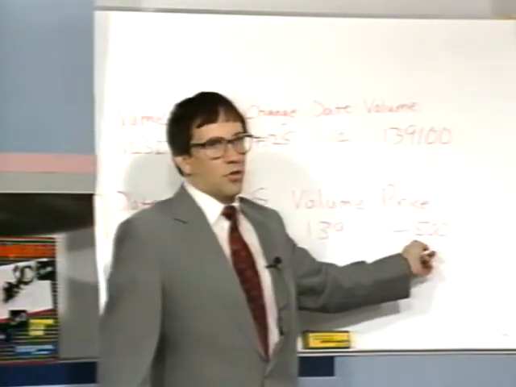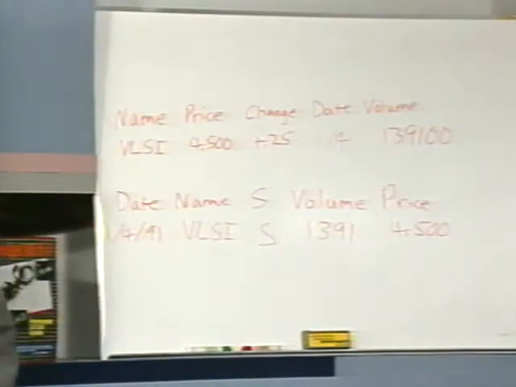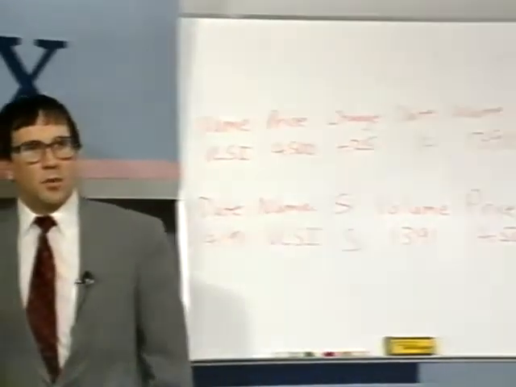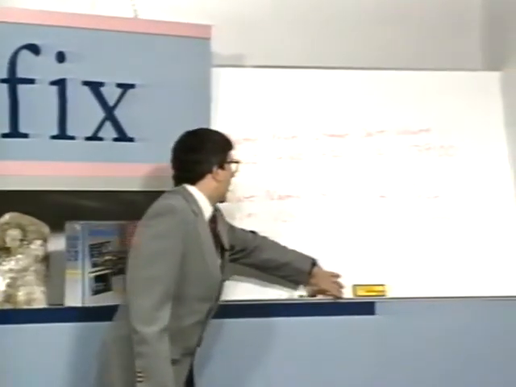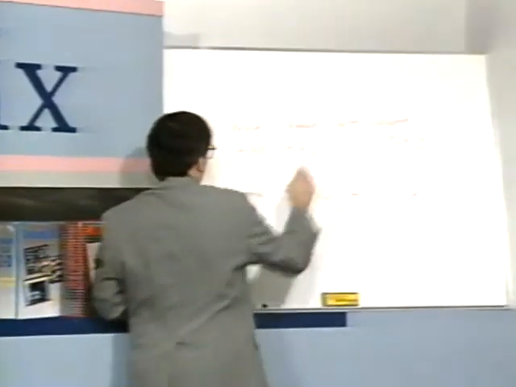And then the price, which is the same. The data needs to be reorganized, and two fields, the date and the volume, need to be modified. Not every field will be converted. For example, we don't need the change.